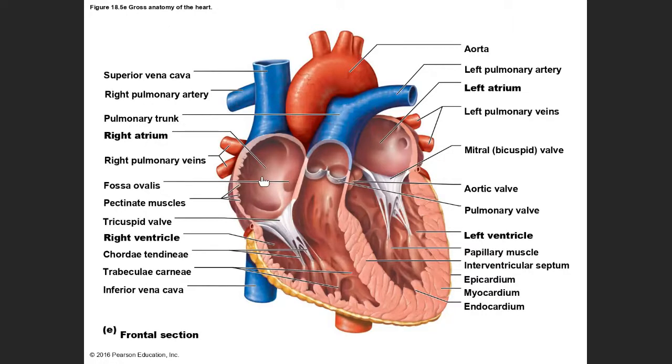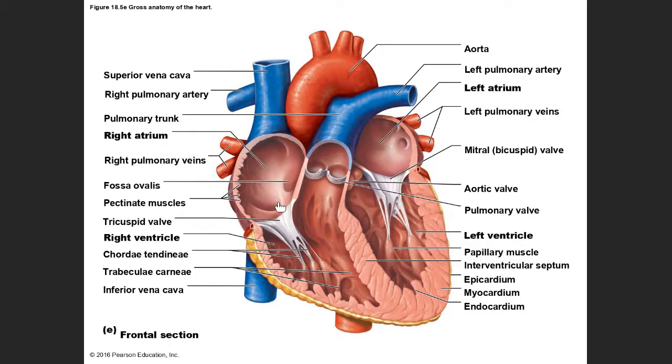Returning from the body tissues, from the body cells, right? Rich in carbon dioxide. It goes back to the heart to be pumped to the lungs where gas exchange occurs to get oxygenated. So the blood found in this area over here, right atrium, is deoxygenated blood.